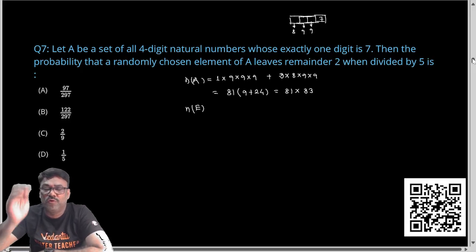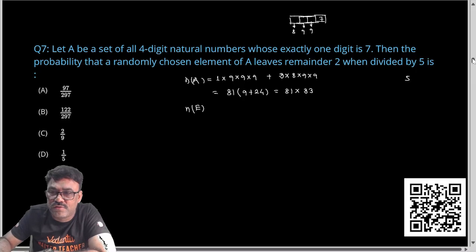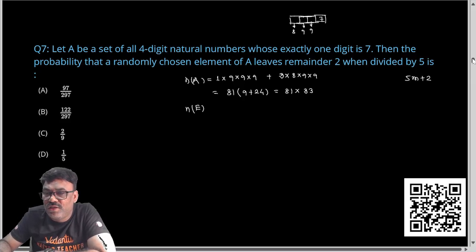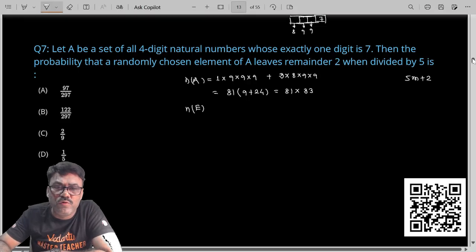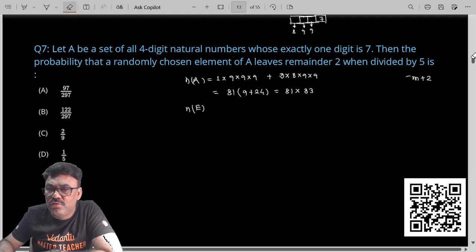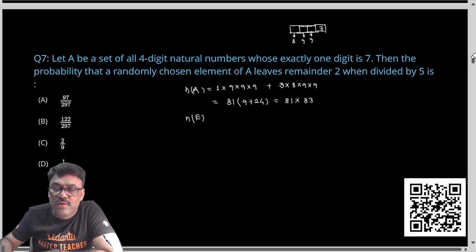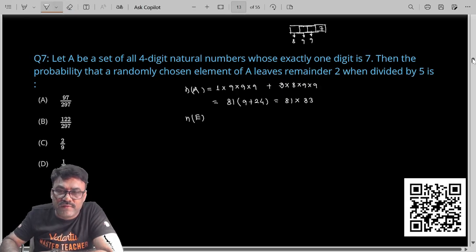Means your number will be of this form 5m plus 2. And whenever a number is of this form 5m plus 2, if you put m equal to 1, 2, 3, 4, 5, 6 like this, the unit digit will be either 2 or 7. The two possibilities are there: unit digit 2, unit digit 7. So let's write the two possibilities.